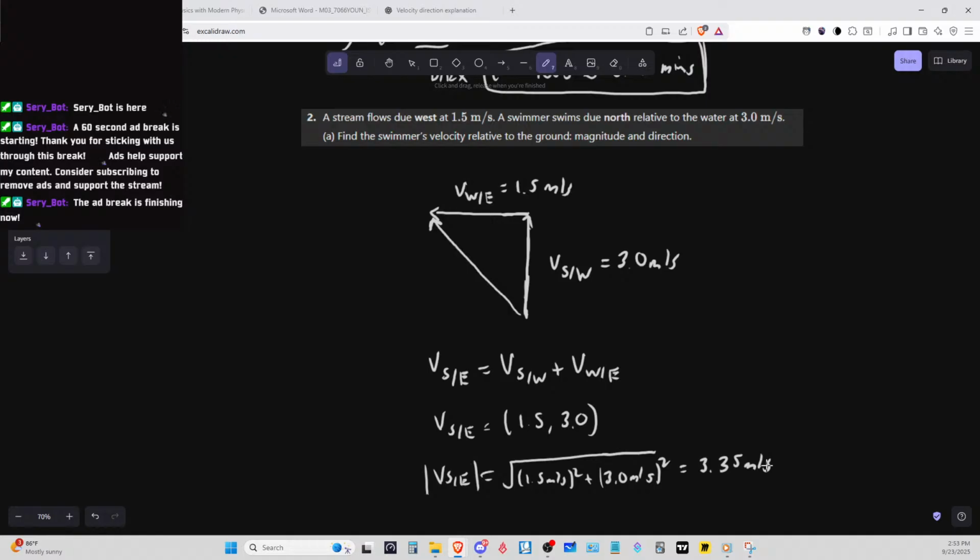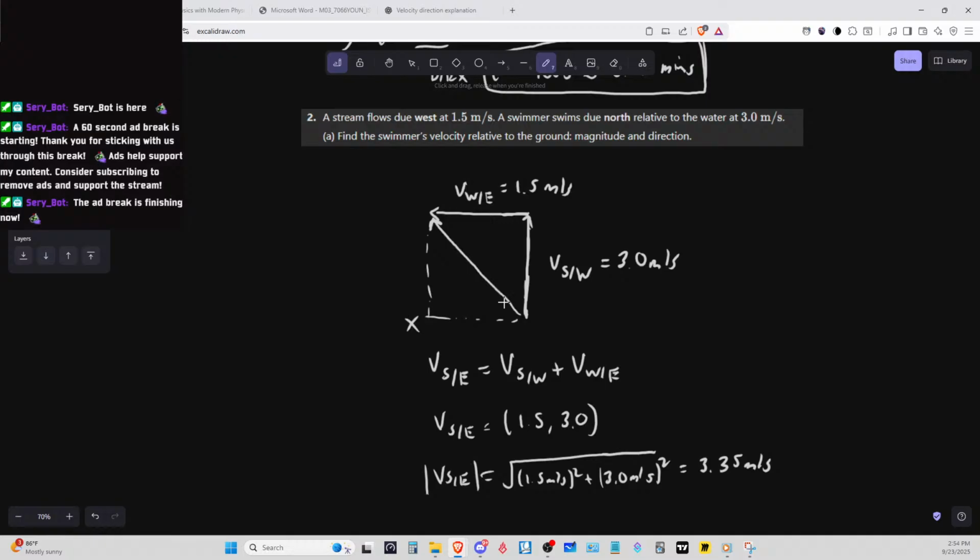And now for the direction. Now we have to think about the direction. So we're going this way, and then the water's going this way, and we have it right here. Right now we're not concerned about the starting point, so we're not worried about this.